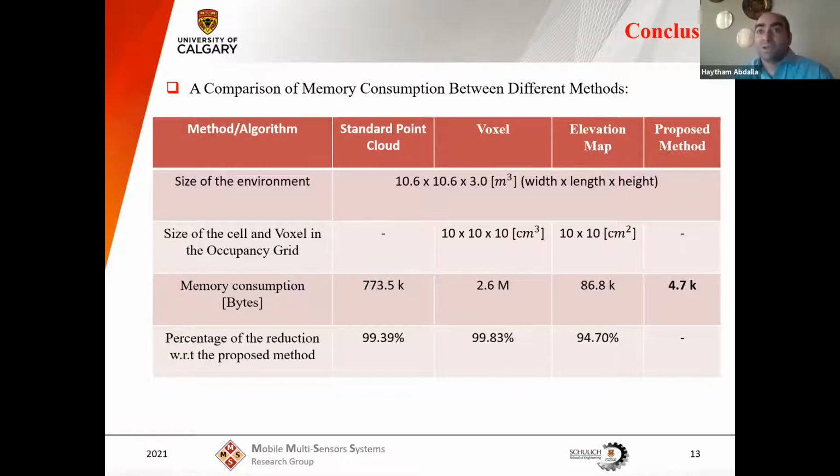Actually, the idea was to decrease the memory consumption, because in search and rescue operations there are hazardous situations and we can lose the map. So we have to find a way to use low-cost sensors, to fit the memory, and also to navigate the vehicle indoors in unknown environments for search and rescue.